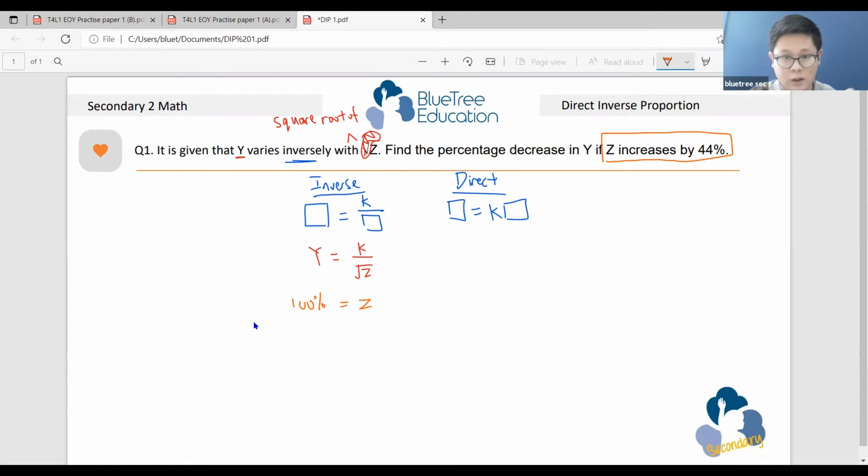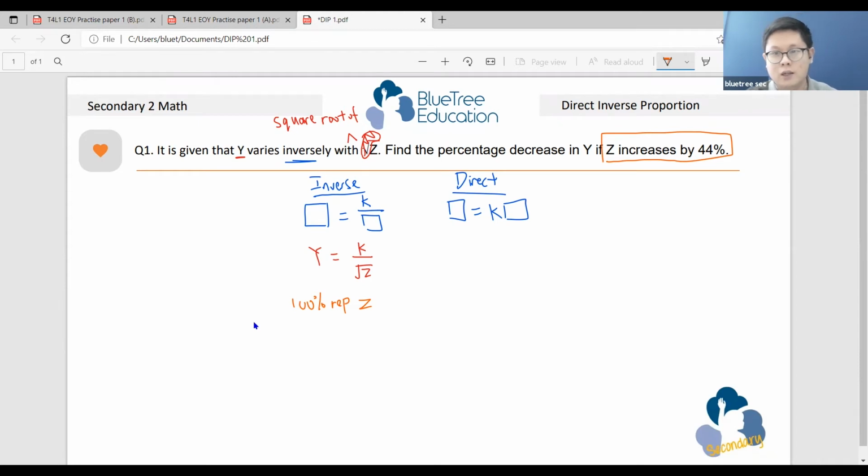It doesn't directly equal 100%. So if your school doesn't accept that, you can write REP, the short form for represents. That means you're going to say that the original z is currently represented by 100%. If it increased by 44%, it's going to become how many percent?